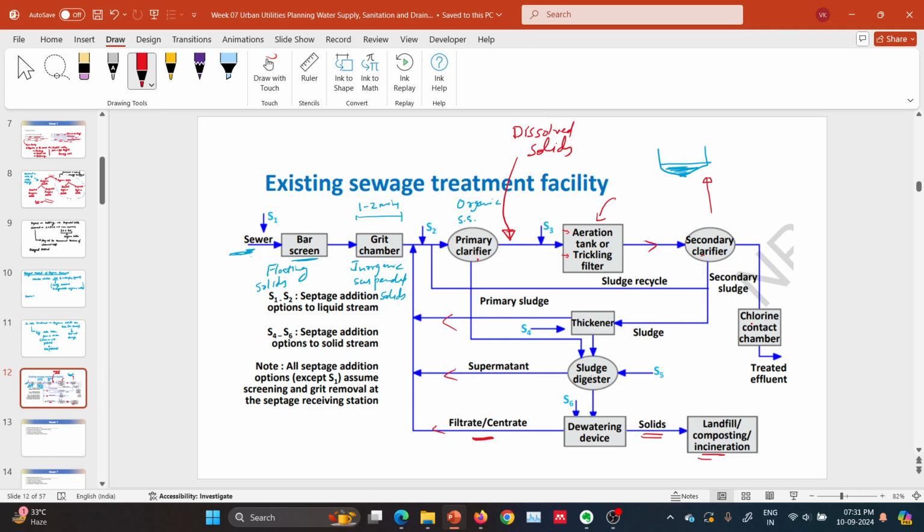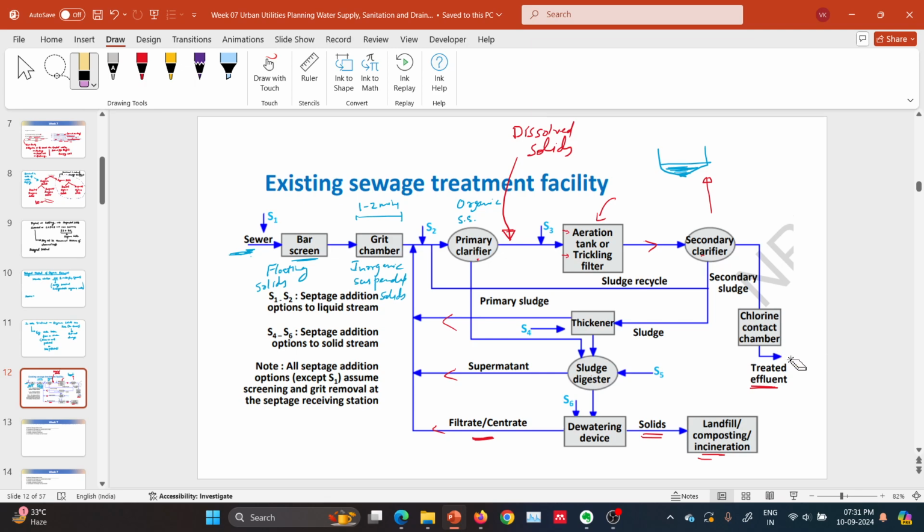So we can disinfect it with chlorine and other methods of disinfection. After this, the treated effluent can be discharged either into the river or any water body, and this water can be recycled or reused for flushing or public use, like we discussed in the decentralized treatment.